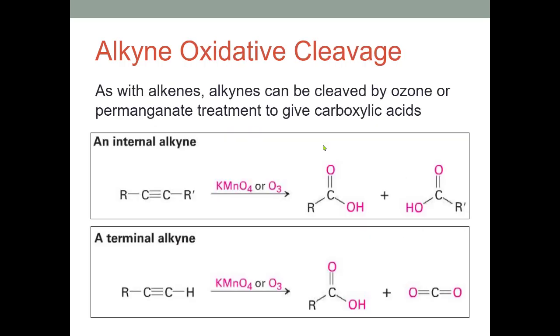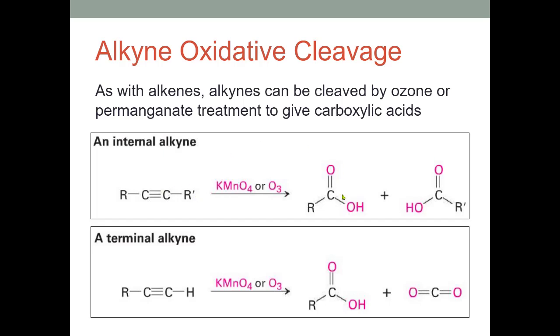We also, like alkenes, can cleave alkynes with very strongly oxidizing agents. Typically, we talk about potassium permanganate, or ozone. We could talk about some chromium salts here, chromate or dichromate. But the thing to pay attention to here is that if one of the carbons of the alkyne is connected to a carbon, we get terminal oxidation.